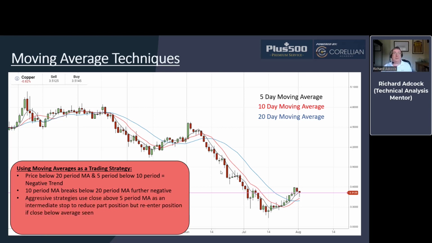In aggressive strategies, we can use the 5-day or the 5-period moving average as a stop for part of the position. So if we start to see closes above the 5-period moving average, then the risk could be turning towards a more extended consolidation.